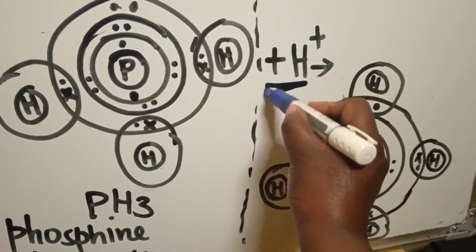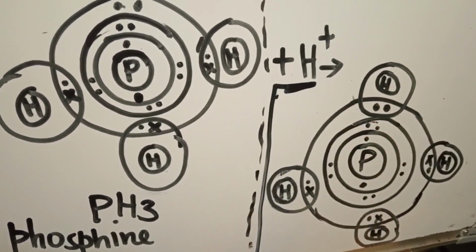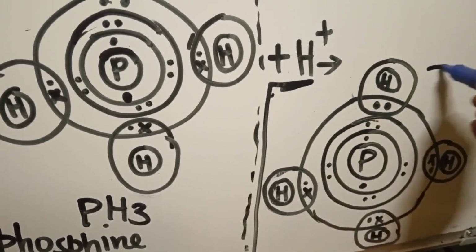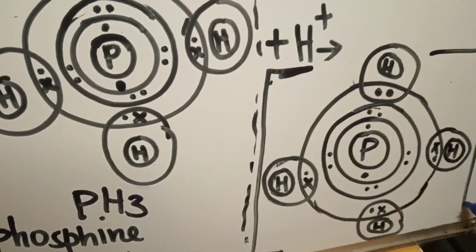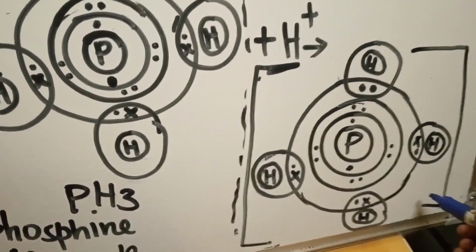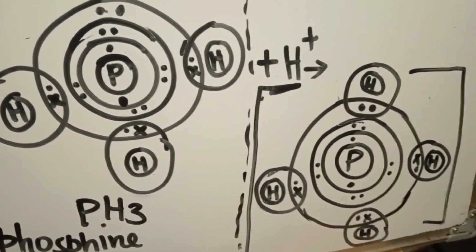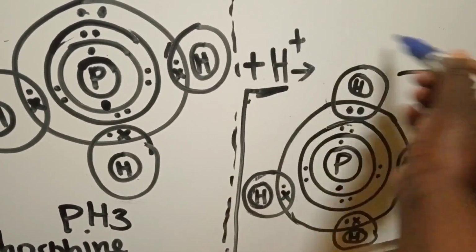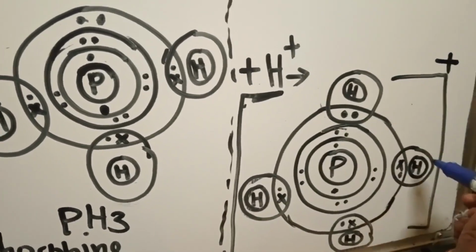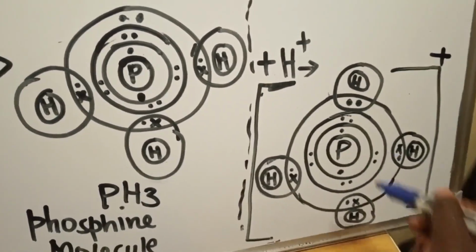So then we put a square bracket, square bracket meaning it is a bracket with corners, and then this positive we put it on top there.